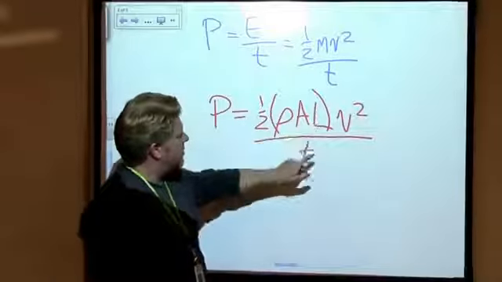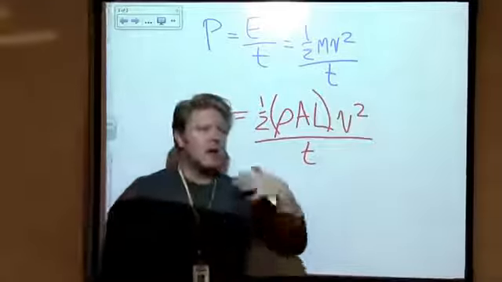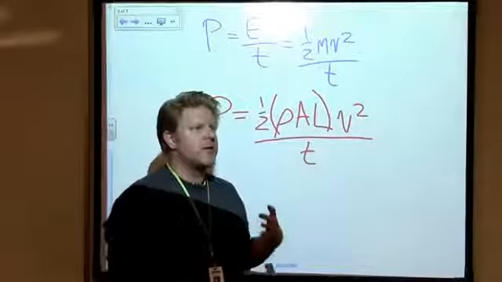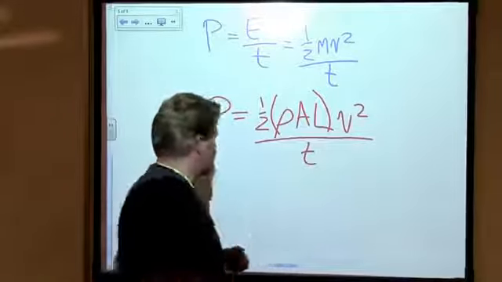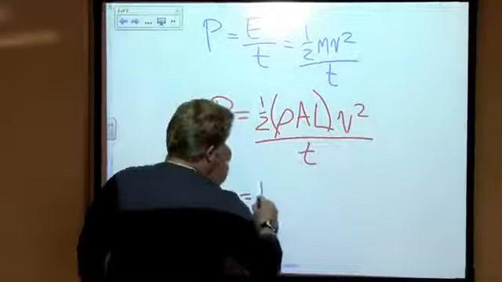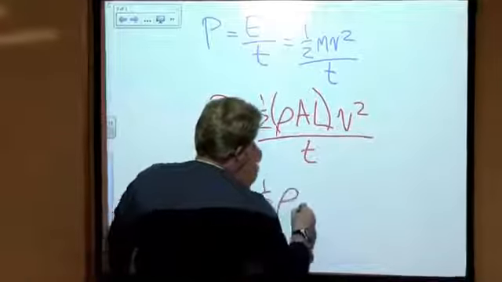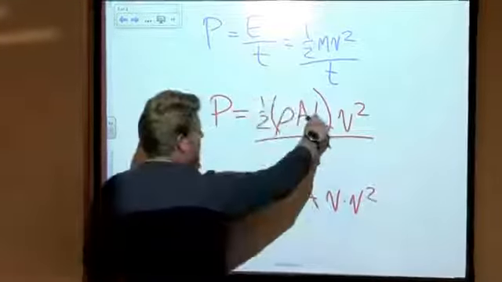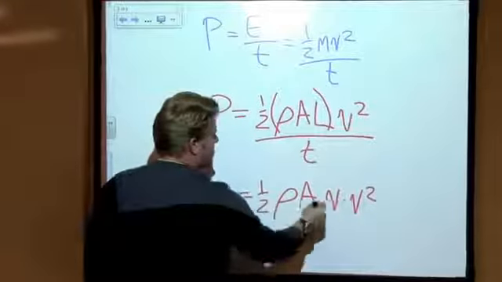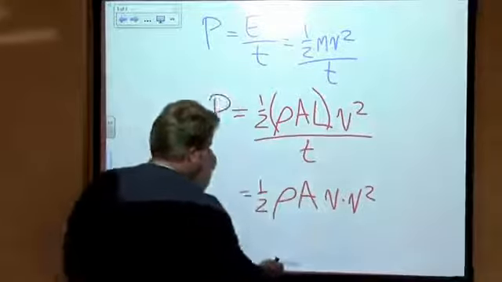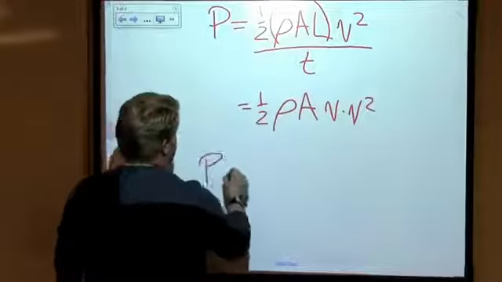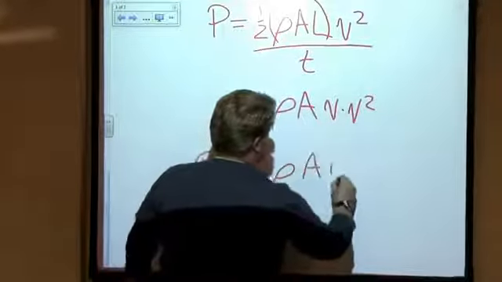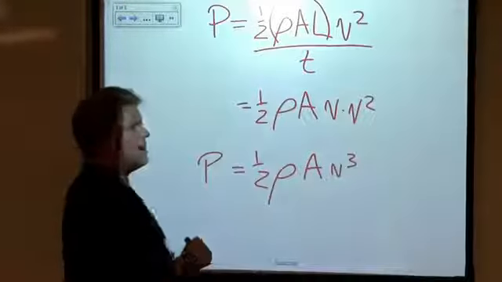Pretty straightforward, right? Well, if I look at this, I recognize that a length per unit time, a mile per hour, a meter per second, well, that's also a velocity. So I can rewrite that as 1/2 the density times the area times the length divided by time, which is a velocity, times this other velocity, which allows me to say that the power is equal to 1/2 times the density times the area times the cube of the velocity.